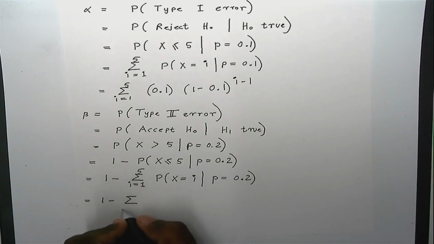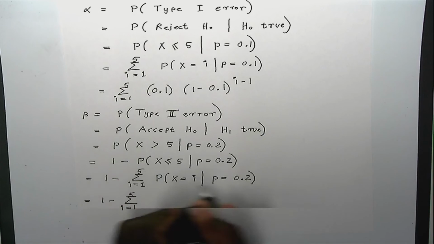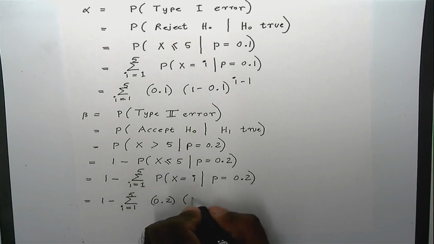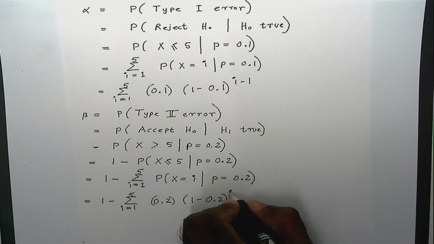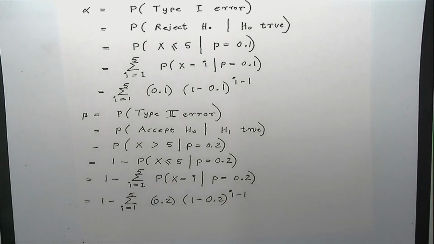So this is the probability mass function of a geometric with p equal to 0.2. So it's p times 1 minus p to the power i minus 1. Alright, so this completes example 8.